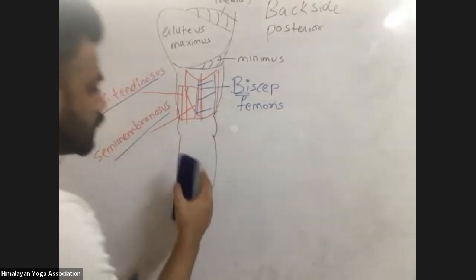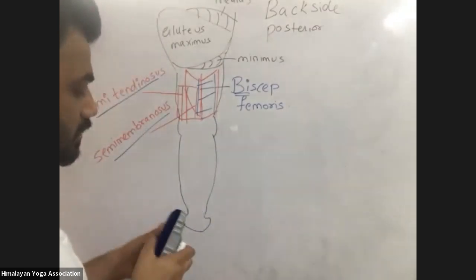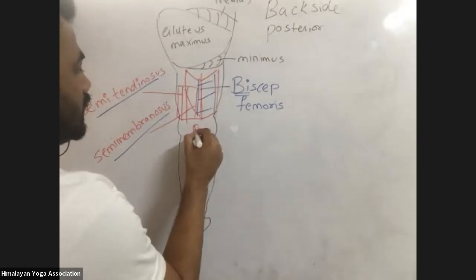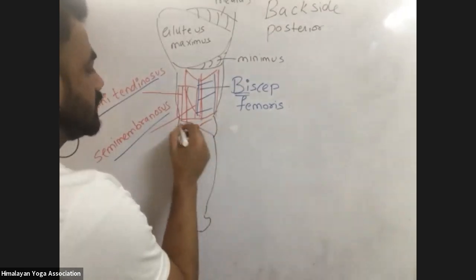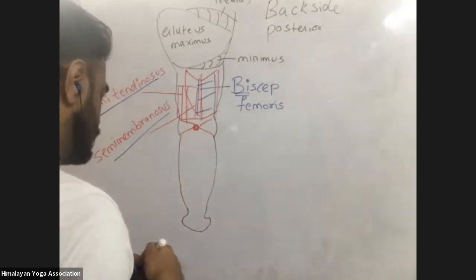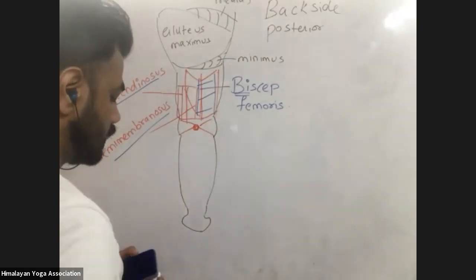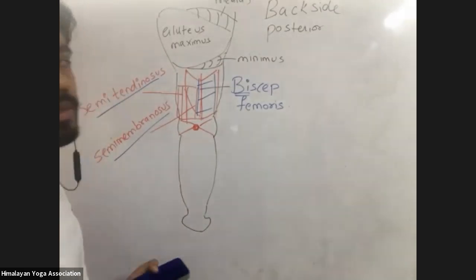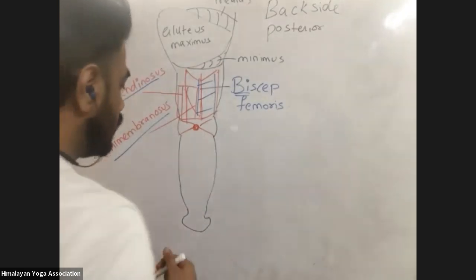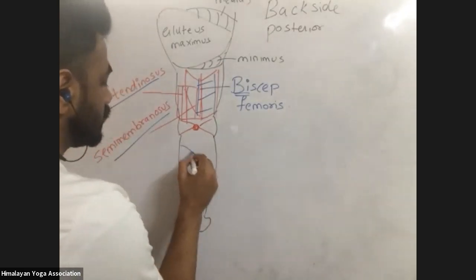And below, this is your calf. This is your knee, connected with the ligaments. Below the knee at the calf, you will have the two major muscles. Those are the gastrocnemius.